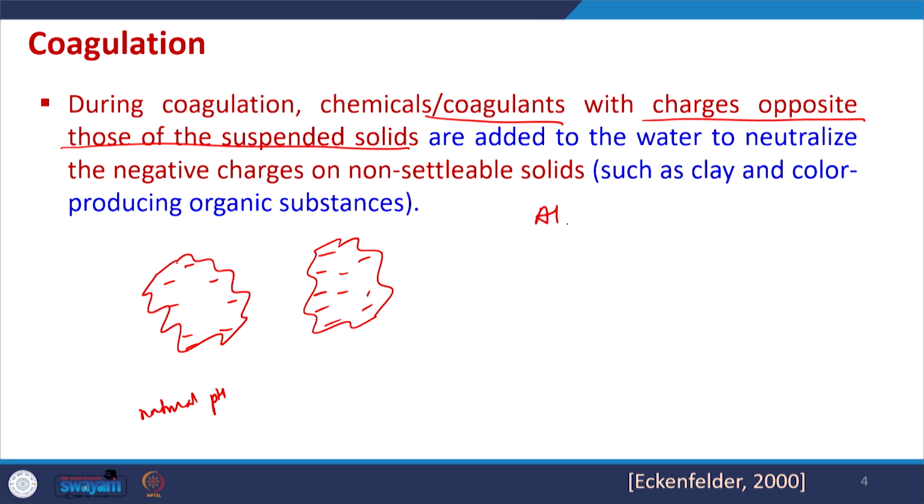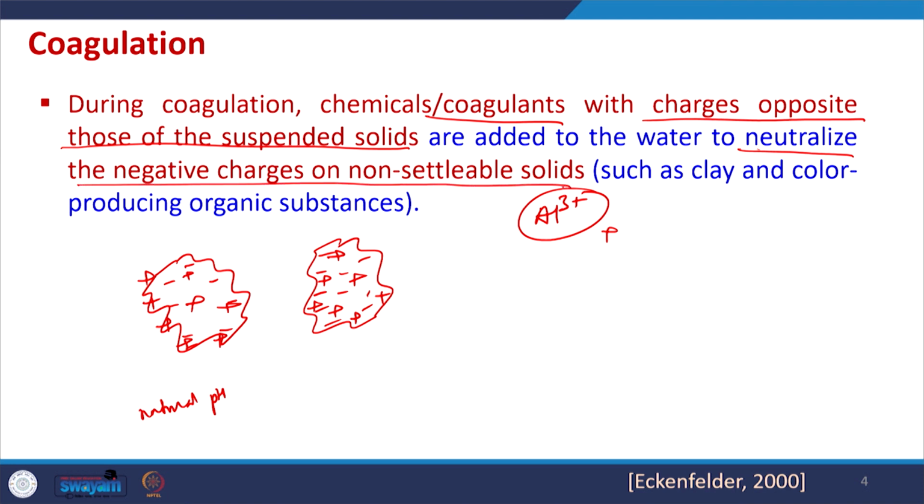From alum sulphate Al3+ will come out, which is positively charged overall. This positive charge will be attracted to the surface of these colloids, and thus the charge of the colloid is neutralized. So, here we neutralize the negative charge on the non-settleable solids.